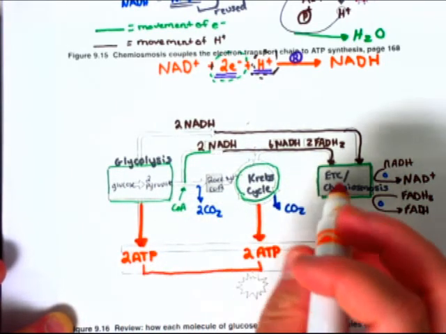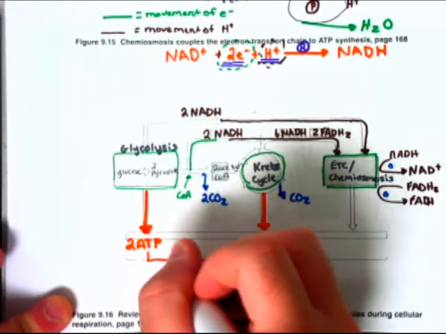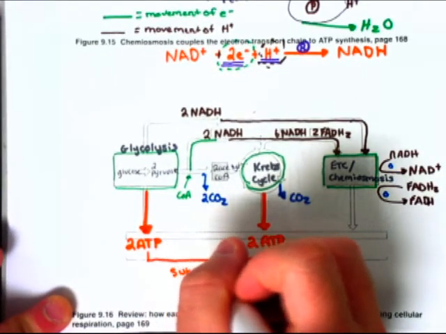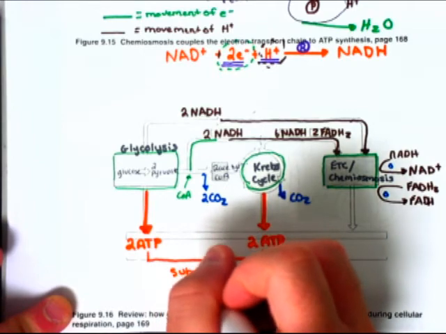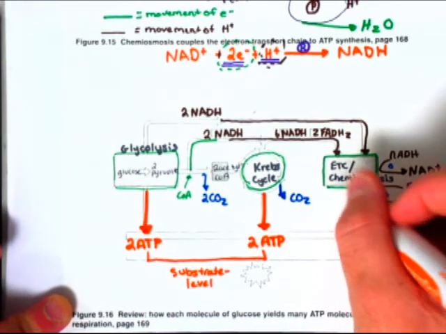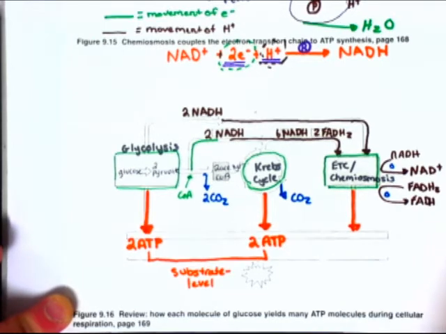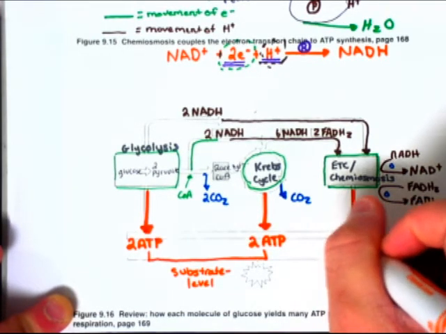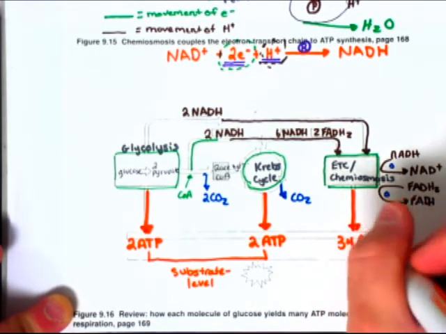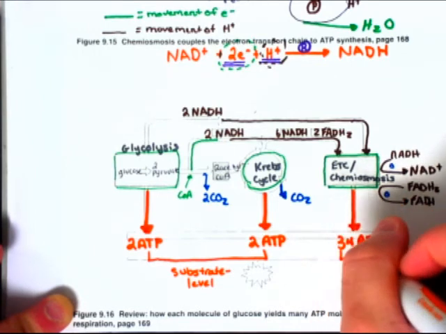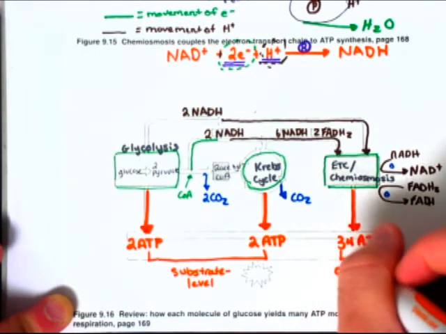Was that oxidative or substrate level? Okay. And then here, you didn't make just 2 or 4. You made a lot. You made probably about 34 ATP. And this would be called oxidative phosphorylation.